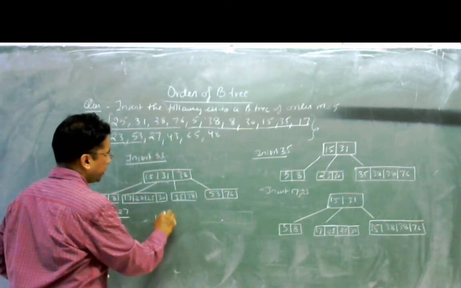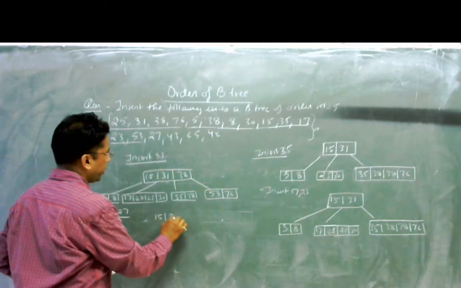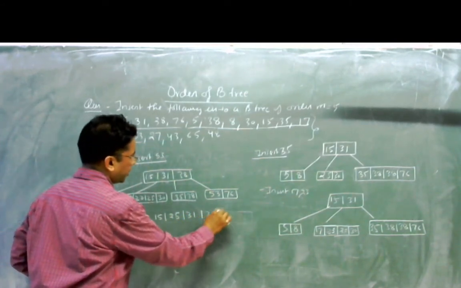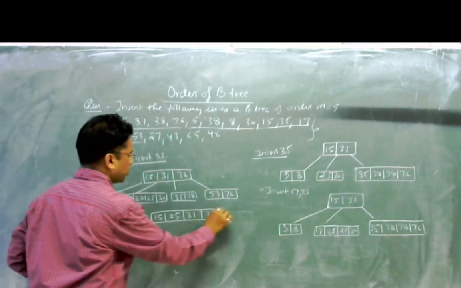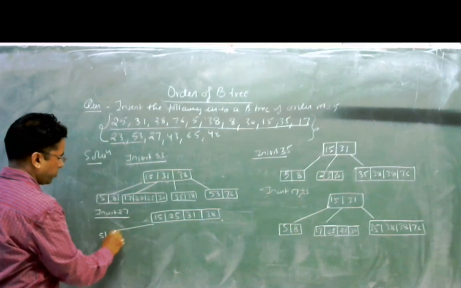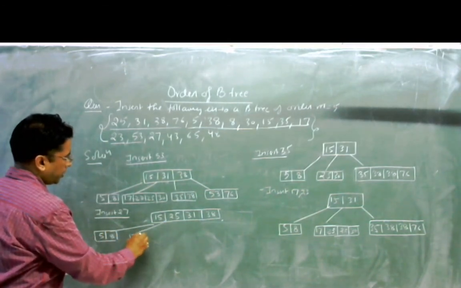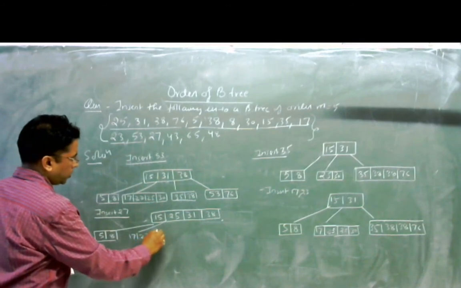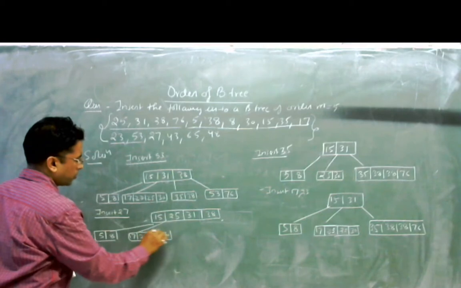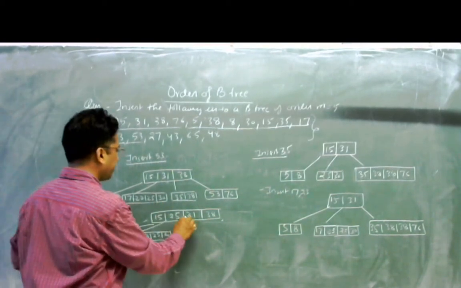Then 15, 25, 31, 38, right? 5, 8, then 17, 23, 25, 30. Then here splitting has taken place.